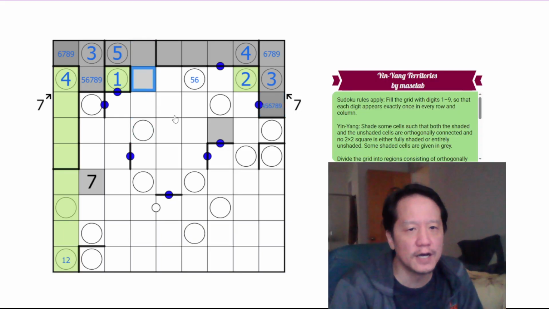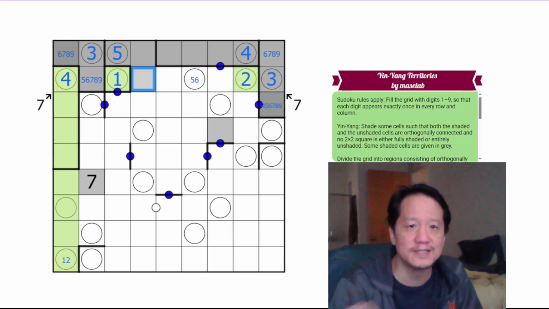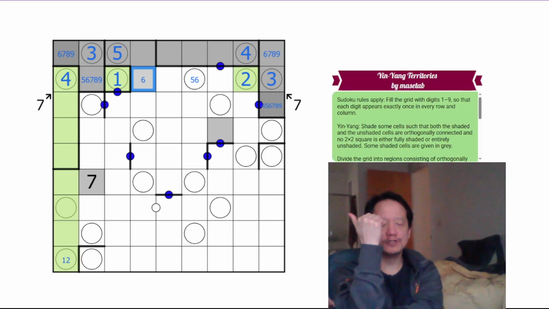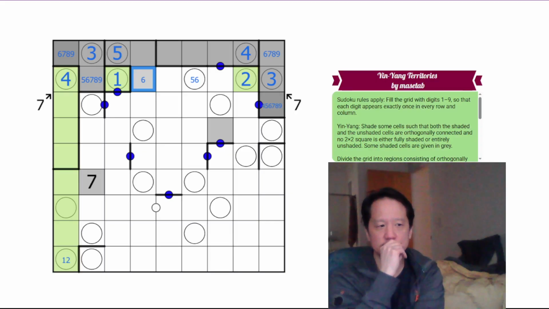This digit cannot be 5, cannot be 1, 2, 3, or 4, so we're guaranteed this is at least a 6. 1, 2, 3, 5, 6 adds up to what? 6 plus 6 plus 5, which is 17.